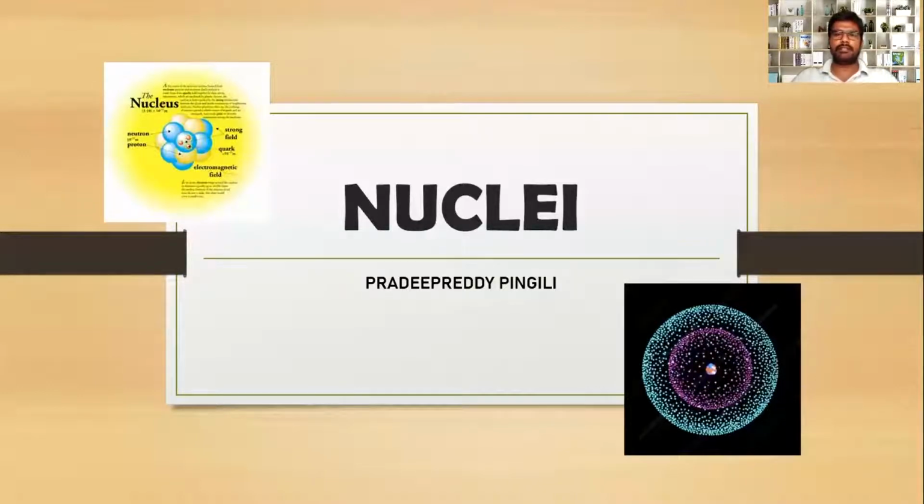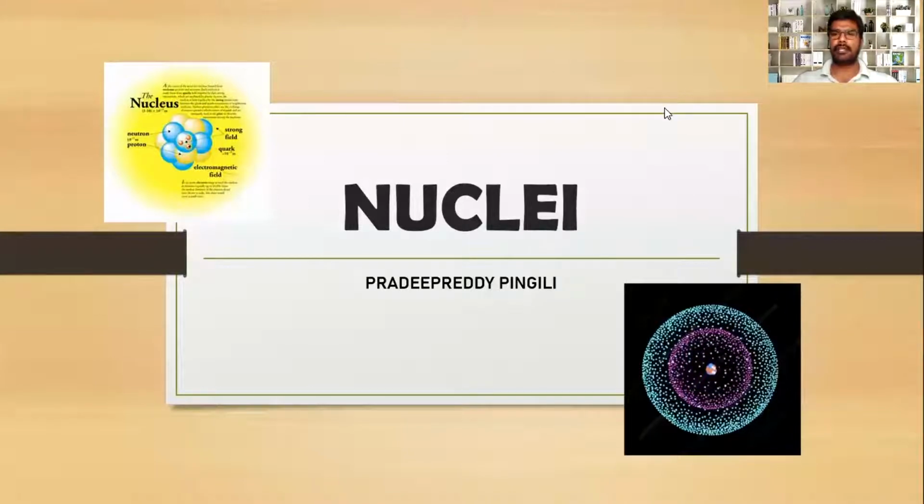In atomic structure, in the previous chapter, we have learned Rutherford's alpha ray scattering experiment led to the discovery of the nucleus. Before Rutherford's experiment, there was no word called nucleus in atomic structure.